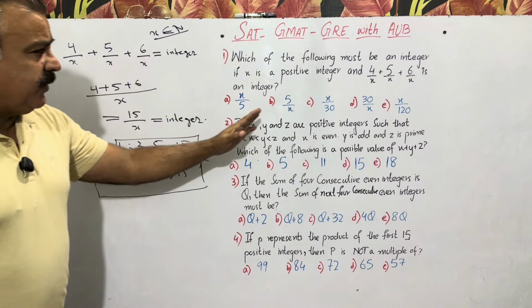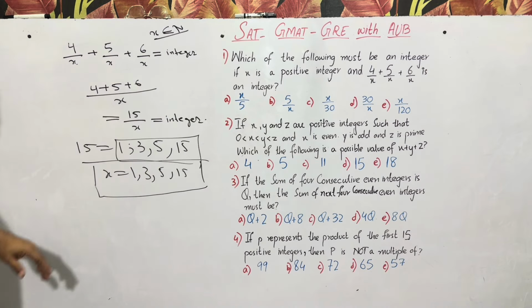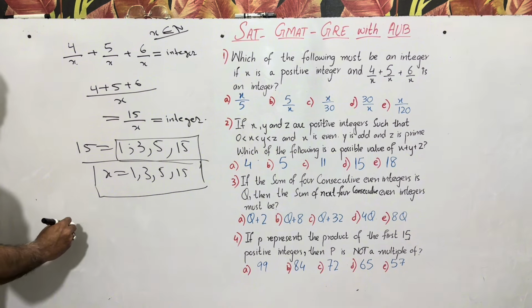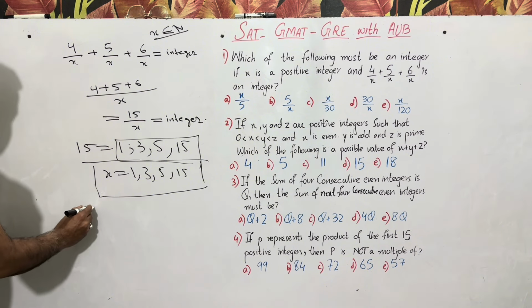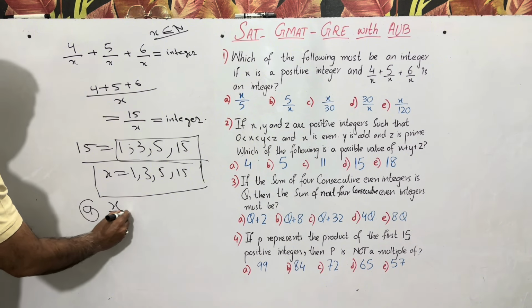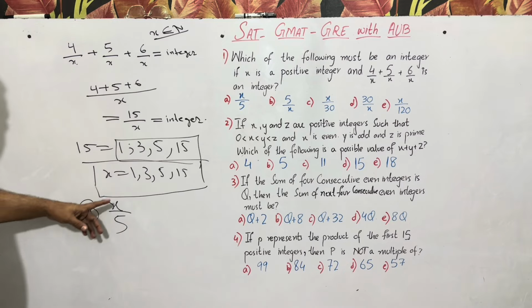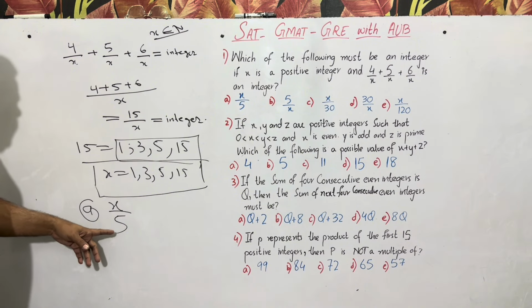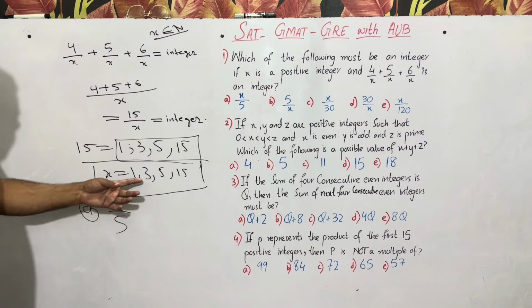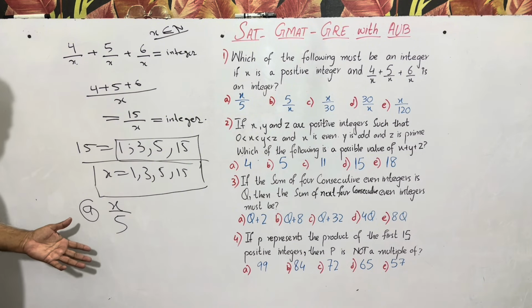Okay, now from the options, take A, and check whether it gives us an integer or not. x over 5. If we take x as 1, 1 over 5 is not an integer. 3 over 5 is not an integer.